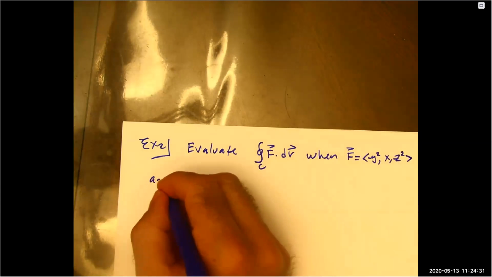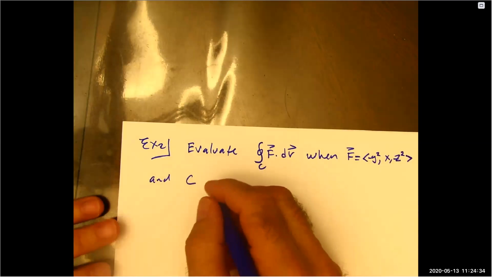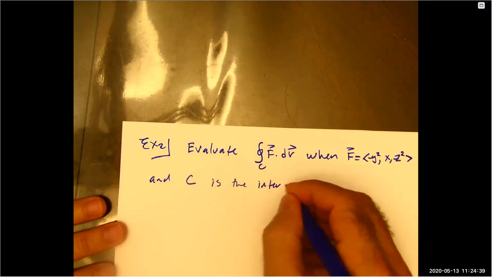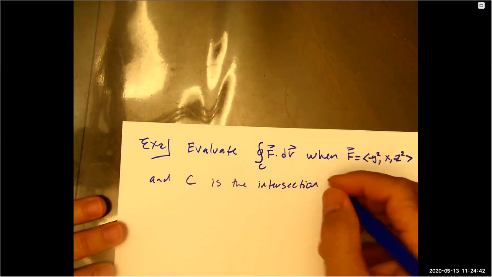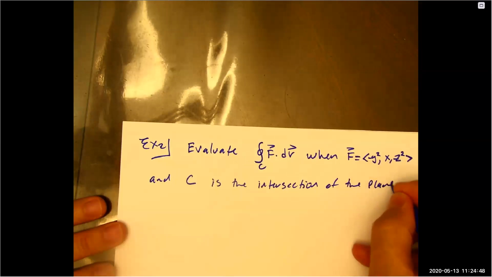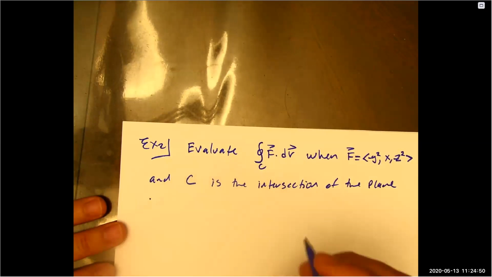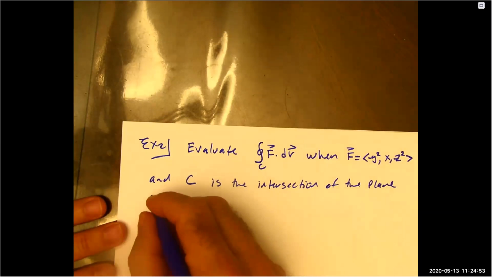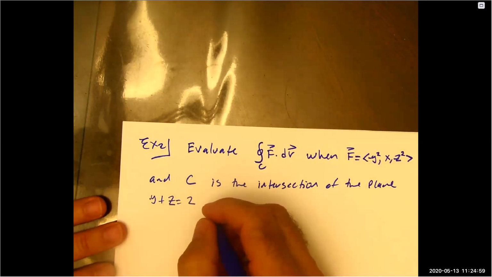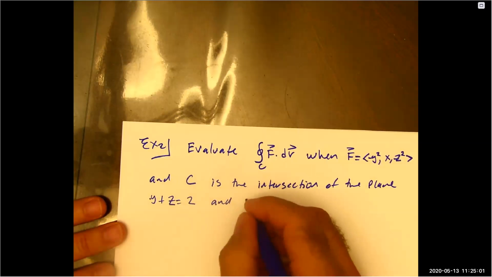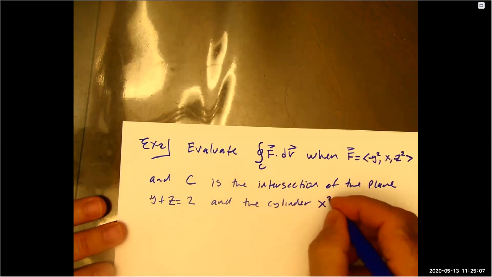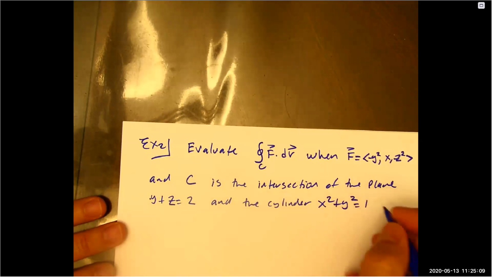And C is the intersection of the plane y plus z equals 2 and the cylinder x squared plus y squared equals 1.